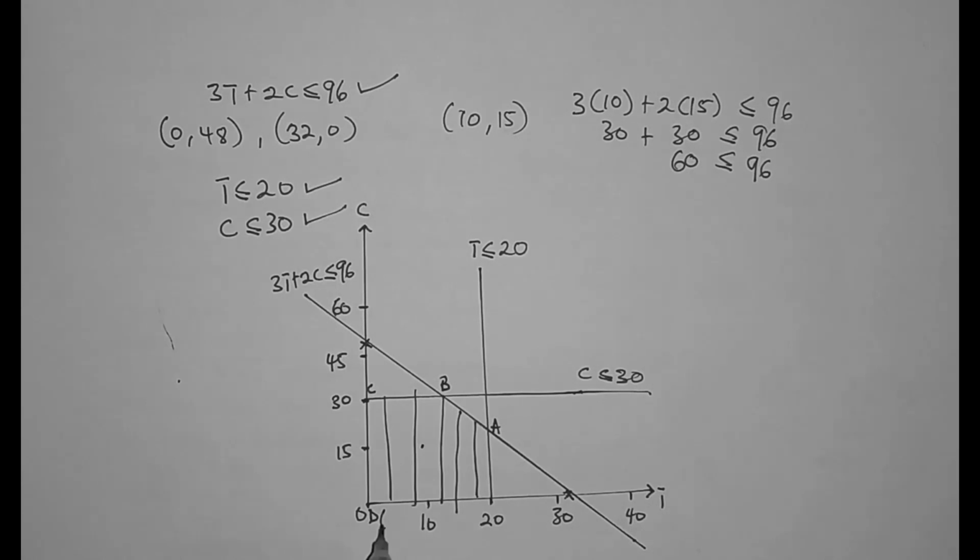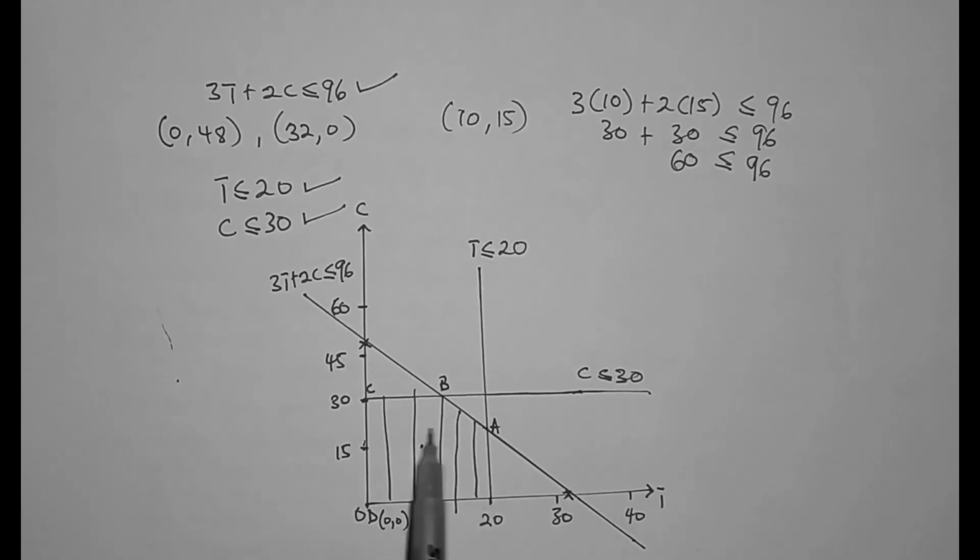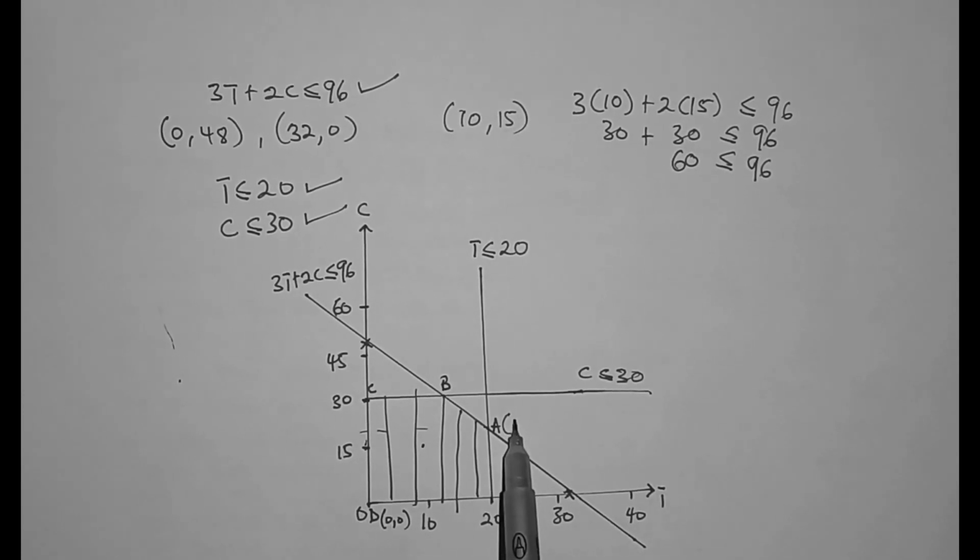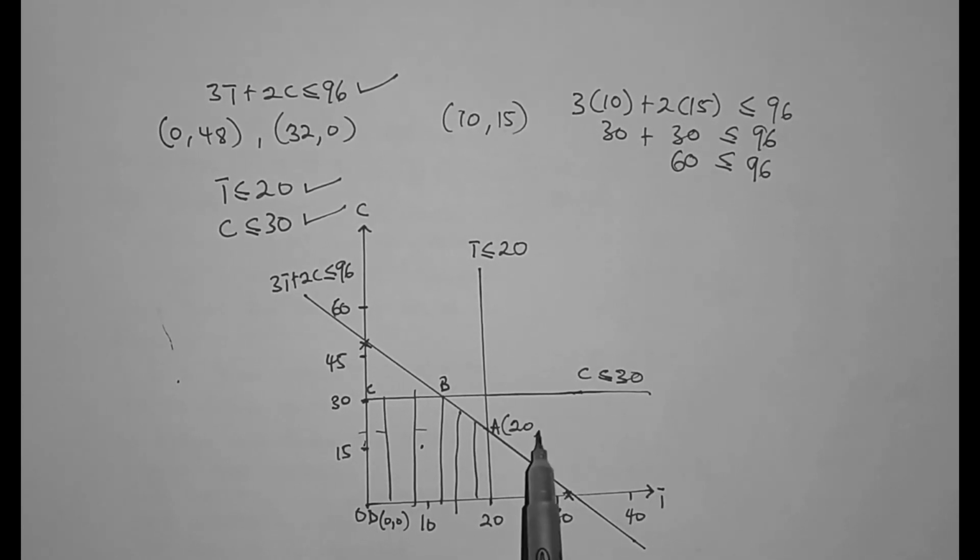So let's find the various coordinates of A, B, C, and D. We see that D is 0, 0. Then A is at 20 on the t-axis, and on the c-axis it is above 15, somewhere 18. So A is 20 and 18.